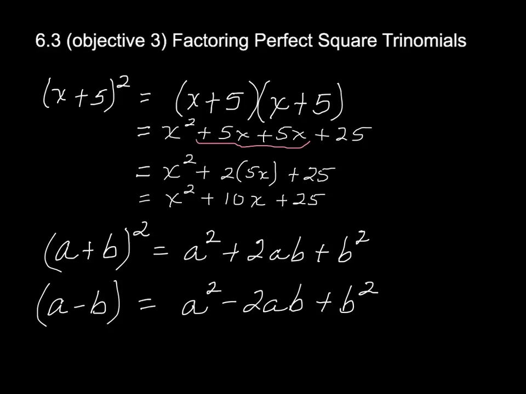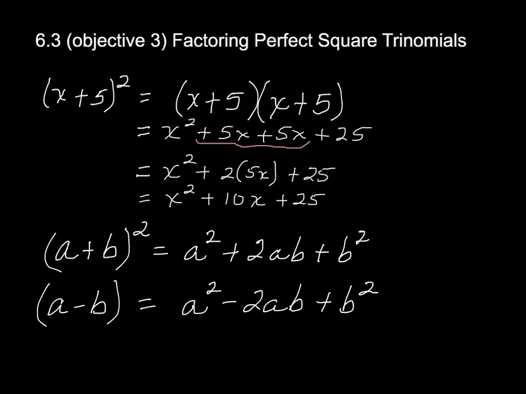You always get the square of the first term. In the case of x plus 5, the first term would be x, so you square it, which is x squared. Then you multiply the two terms inside the binomial together, x and 5, that's 5x. And then that times 2, which is 10x. That will be your middle term of your product. Then you square the last term, which is 5. And that's where we get x squared plus 10x plus 25.